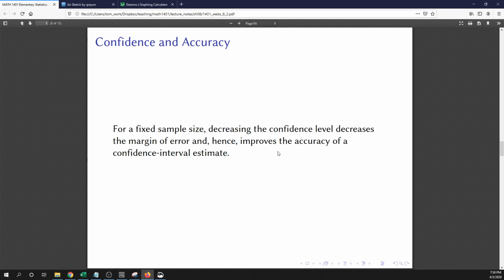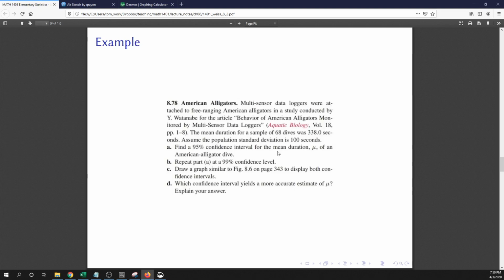Okay, so let's take a look at an example that illustrates this. This example is 8.78 from our book. It says American alligators: multi-sensor data loggers were attached to free-ranging American alligators in a study conducted by Y. Watanabe for the article Behavior of American Alligators Monitored by Multi-Sensor Data Loggers in Aquatic Biology.